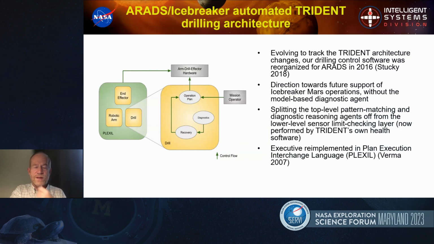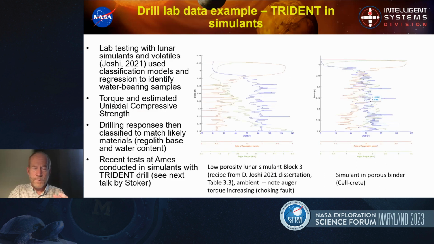Our software has been tested in Chile and is implemented AI-wise in a planning and scheduling language called Plexil. I'm not going to give you the AI talk here, but splitting the top-level pattern matching and diagnostic reasoning agents off from limit checking is one way that we are substantially more sophisticated and capable than those 1980s expert systems.